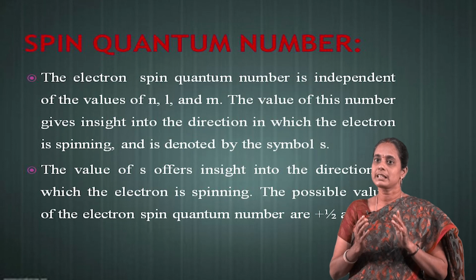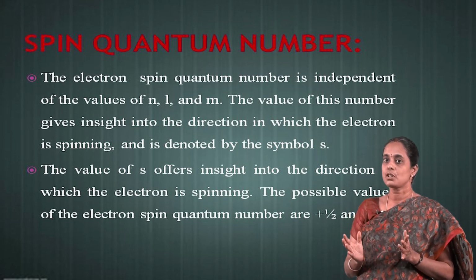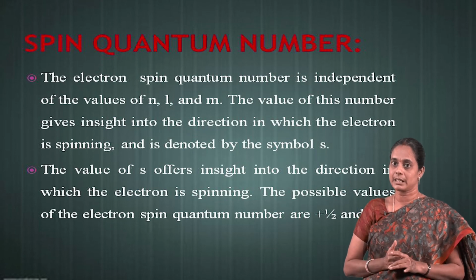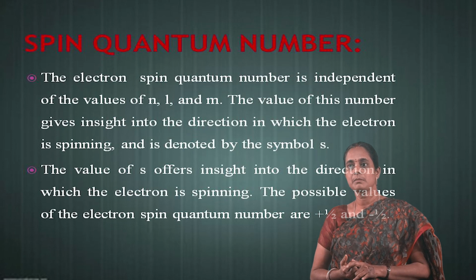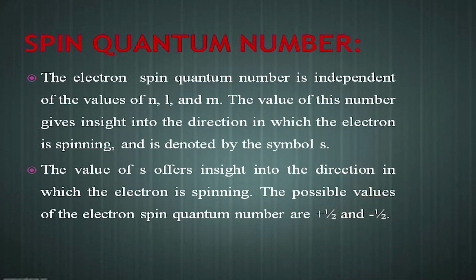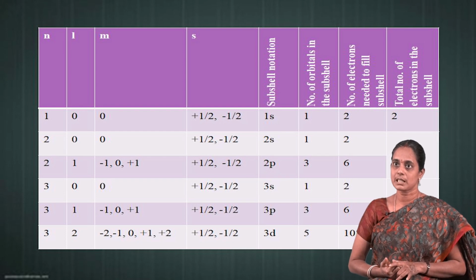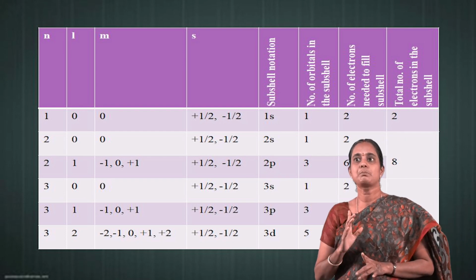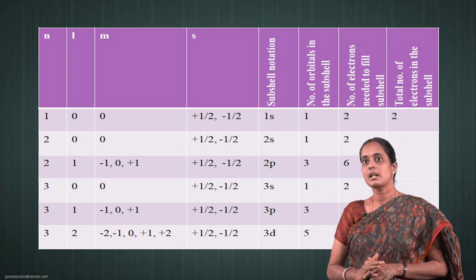The possible values of the electron spin quantum number are plus half and minus half.